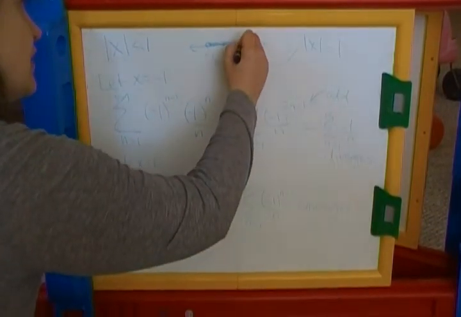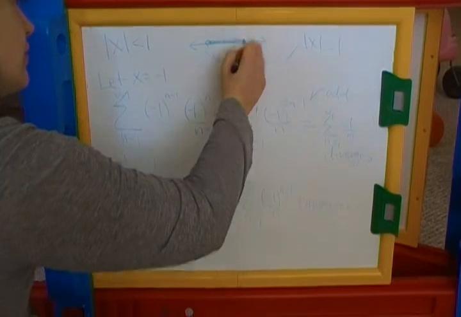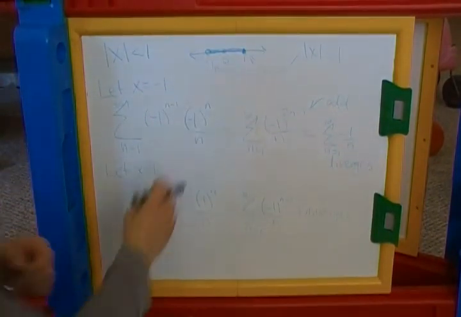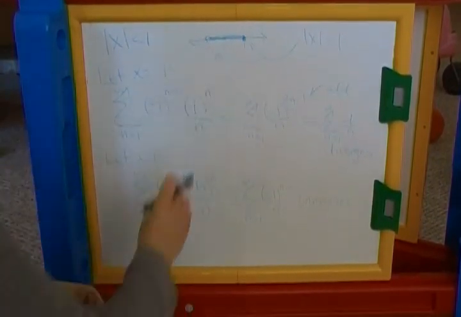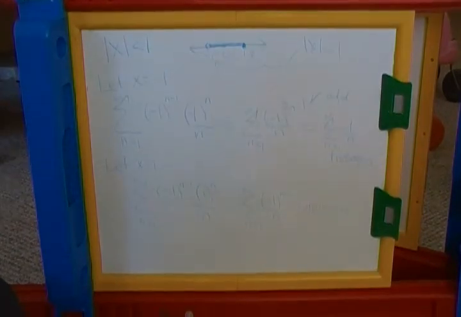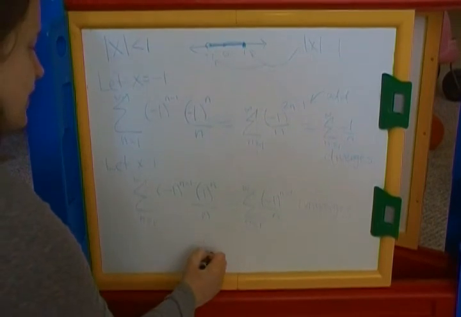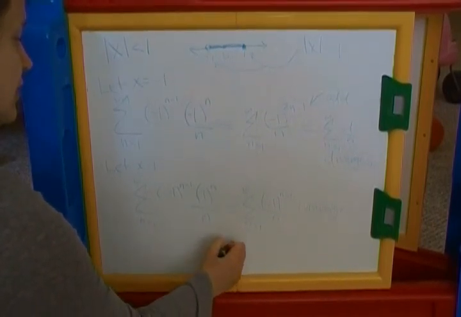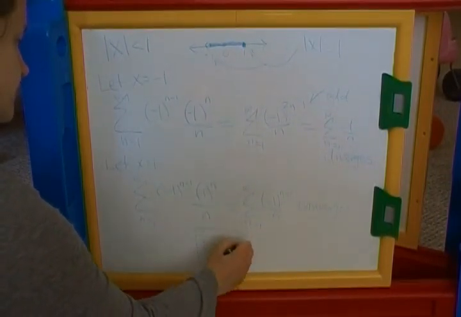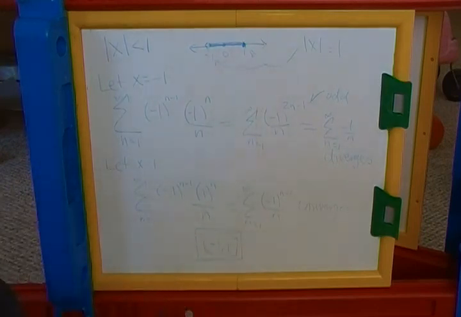And so we would include the 1 in that series. So the negative 1 is not included, and the 1 is included. So for what values of x does our power series converge? The answer would be on the interval between negative 1 and 1, where we include the 1 but not the negative 1.